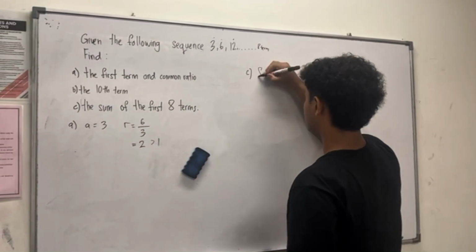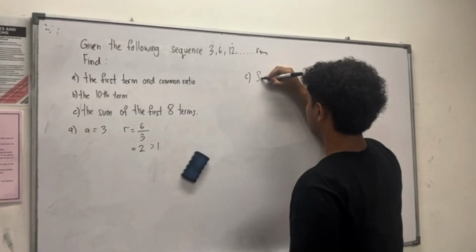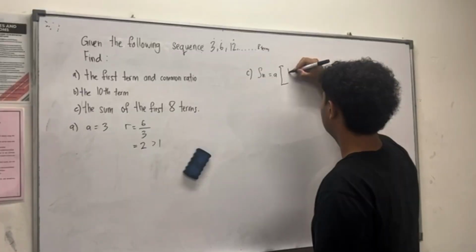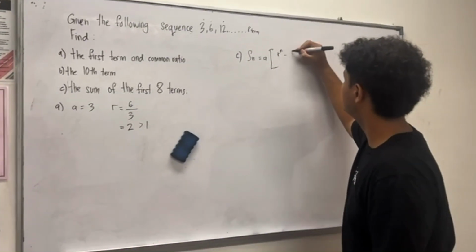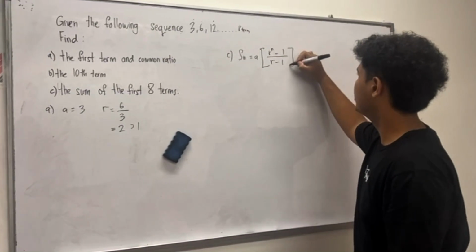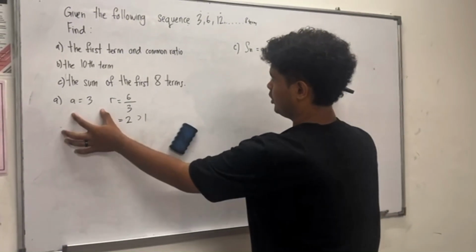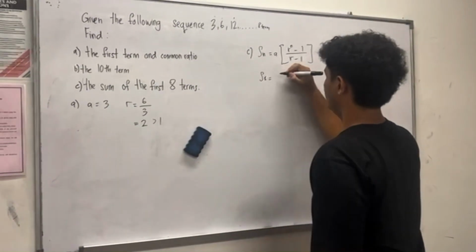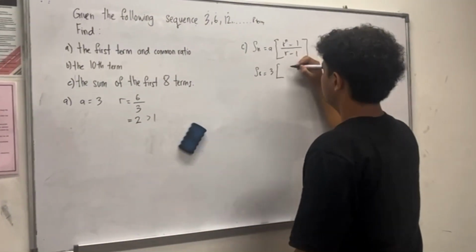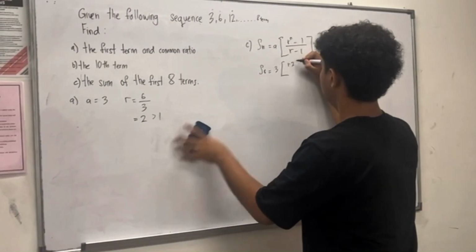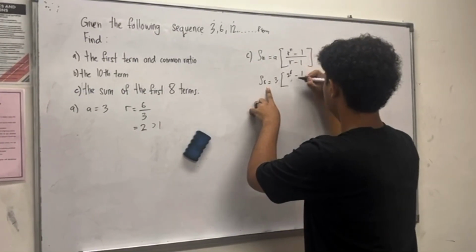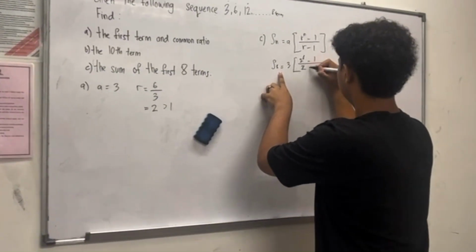So we use Sn equals a, bracket, r to the power of n minus 1, divided by r minus 1, bracket. Here n is our number of terms, a is 3 and r is 2, so we get 3 times 2 to the power of 8 minus 1, divided by 2 minus 1.